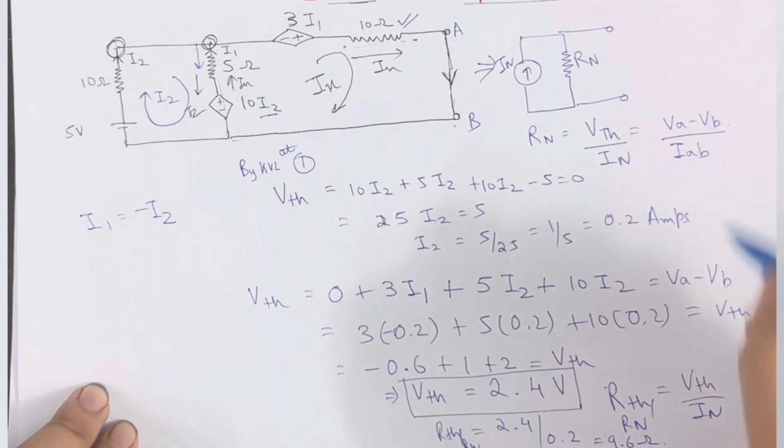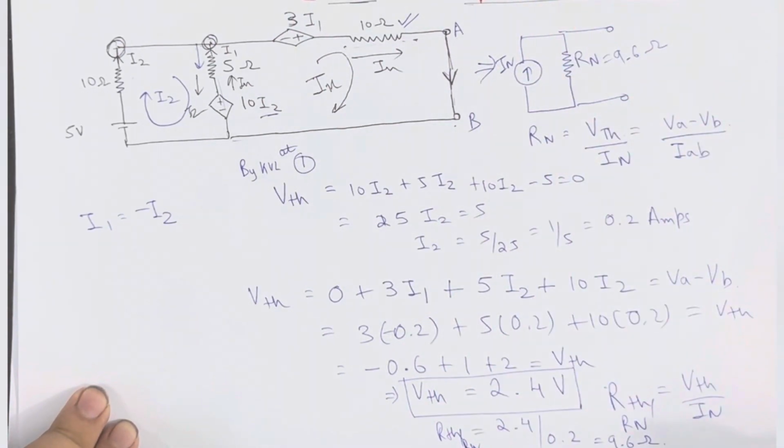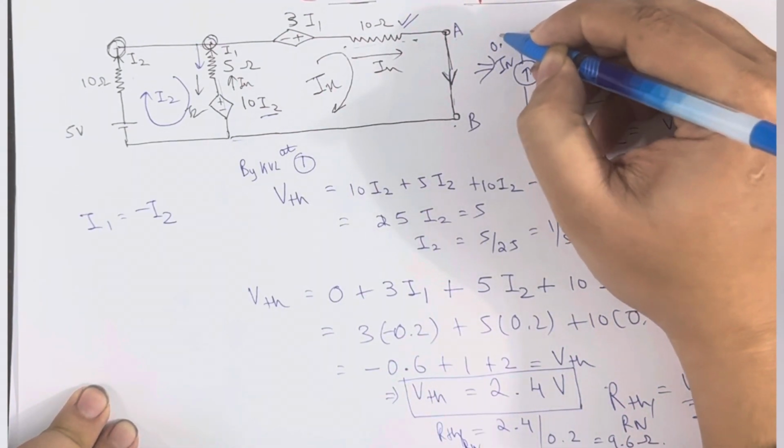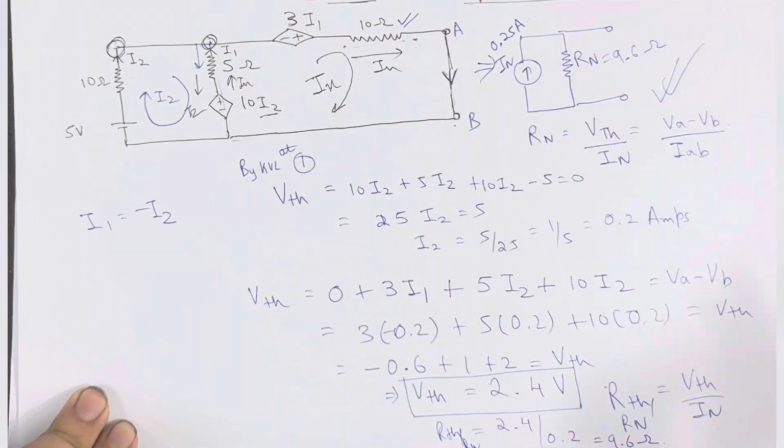So Rn equals 9.6 ohms, and the current IN will be 0.25 amperes. So this will be our resultant Norton circuit.